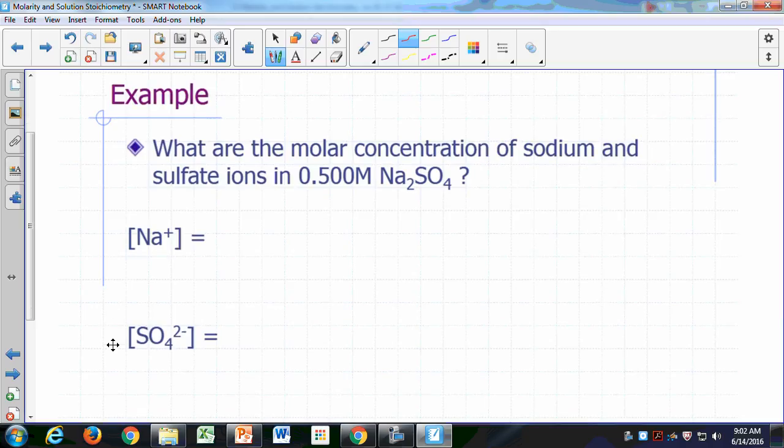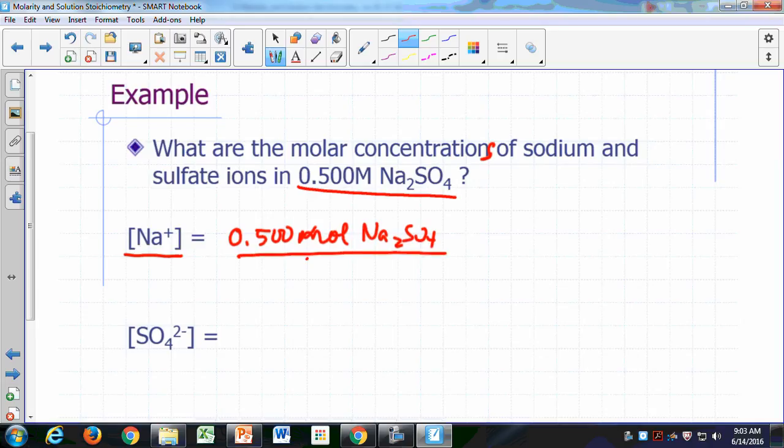What are the molar concentrations of sodium and sulfate ions in a solution that's 0.5 molar sodium sulfate? So you say the molar concentration of sodium, so you put Na+, the formula for the ion, in brackets, is equal to 0.500 moles of sodium sulfate per liter of solution times 2 moles of sodium ions in 1 mole of sodium sulfate.